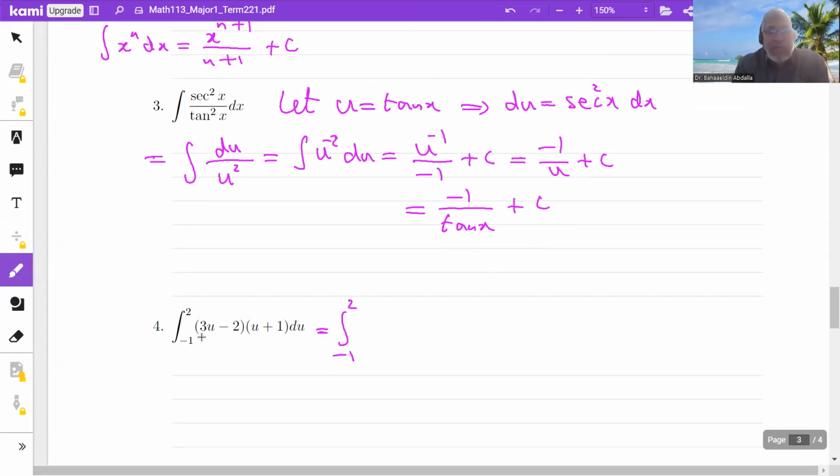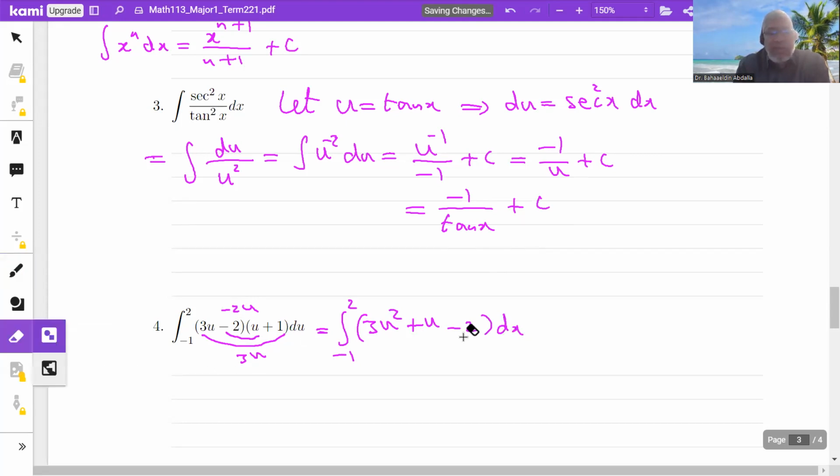Now, 3u times u would be 3u square. And here I'll have negative 2u, that's the inner terms, and the outer terms will give you 1 times 3u, 3u. And then you combine these terms, 3u minus 2u, and you get 1u. And minus 2 times 1 is negative 2. So you have to find this integral.